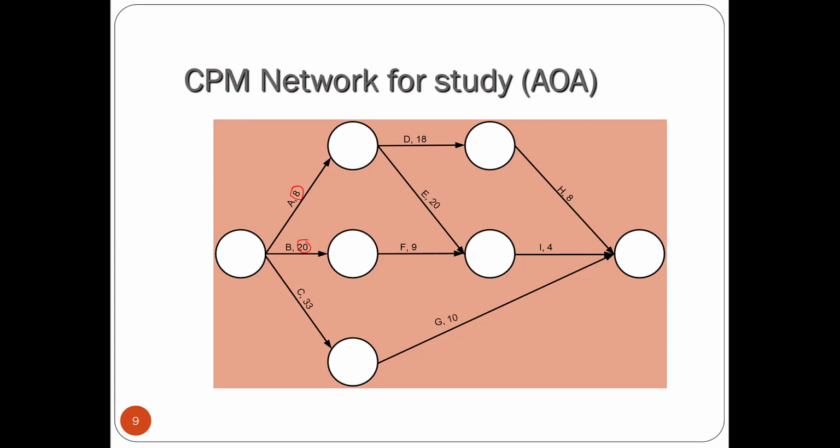Sometimes it could be weeks or months. So here we have those durations, and then we can study and figure out when this project will be done. Say if we start today, when will all the 3 activities be done so that the entire project can be done?